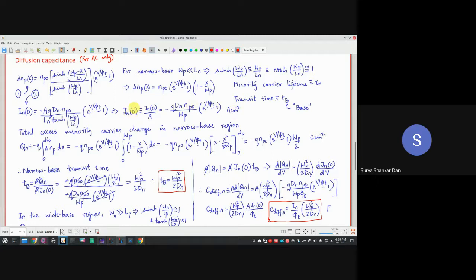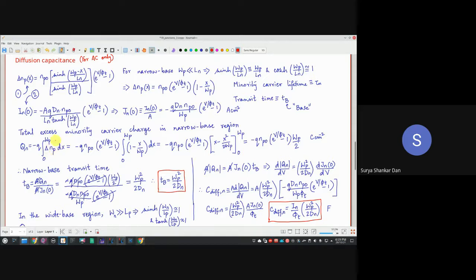Okay. So what will be the total excess minority carrier charge in the narrow base? Delta np was the excess minority carrier density. That one I have integrated with x between 0 to the width of the P region. In case of a BJT, it will become simply WB, whichever it is, the small base region.